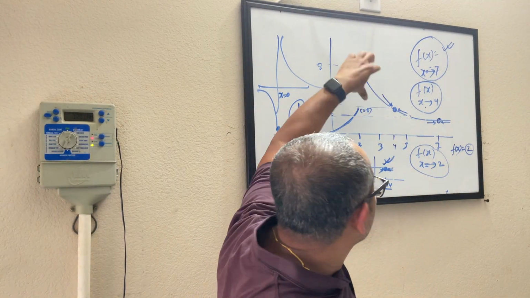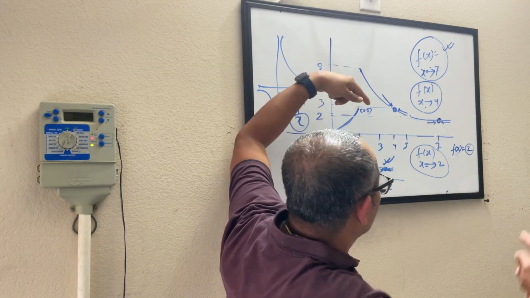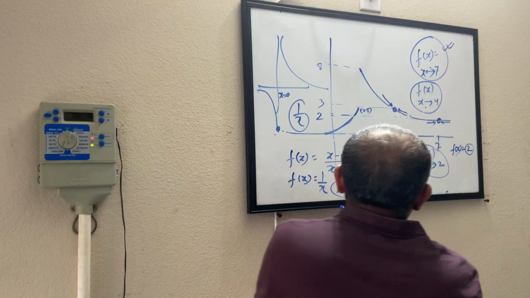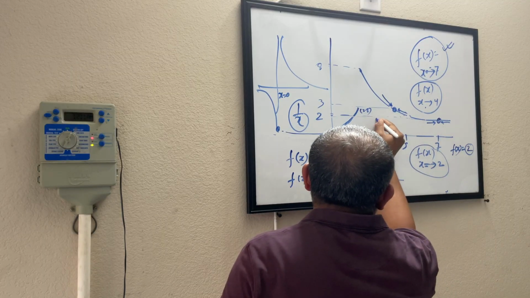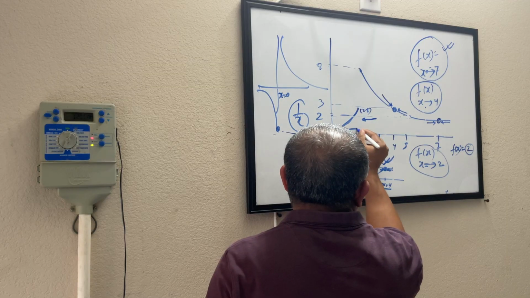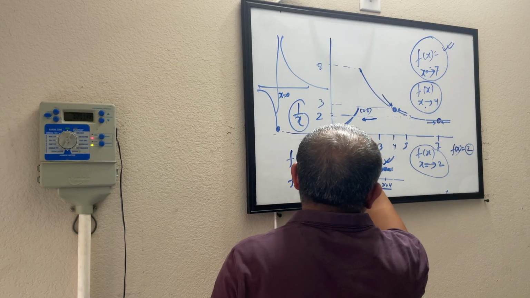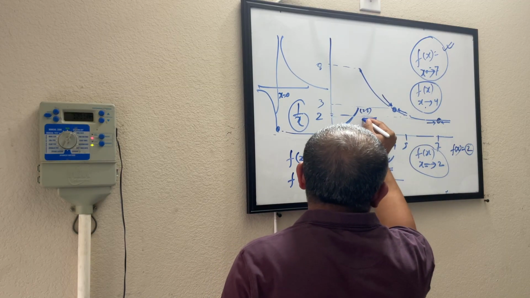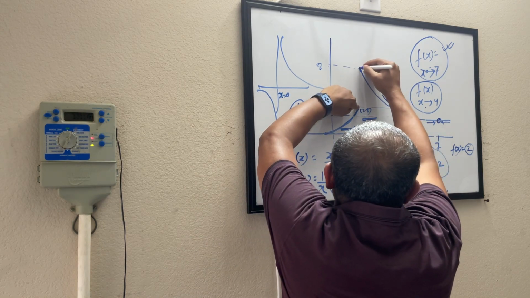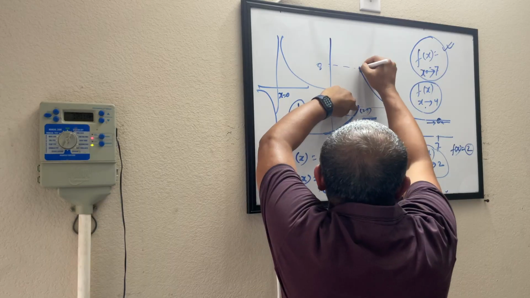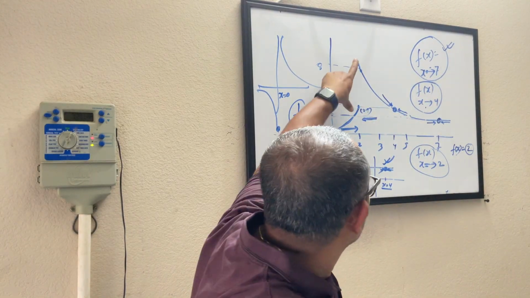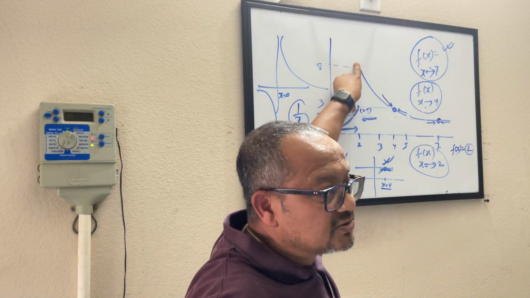When you change the value of x and move from left to right or right to left, you will see that the value of the function at the point where it becomes undefined has no connection between the two sides.